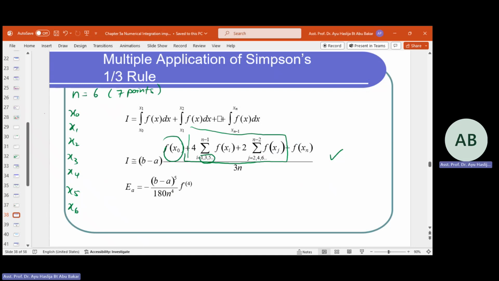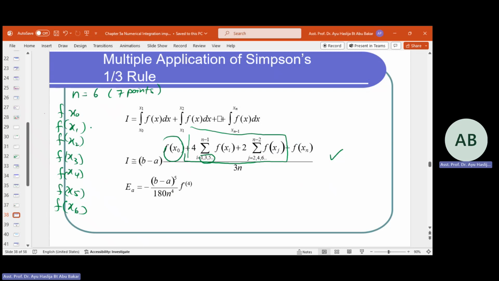This one is for odd, let me do it f(x), I don't want you to confuse. 4 multiply the summation of the odd f(x) values.